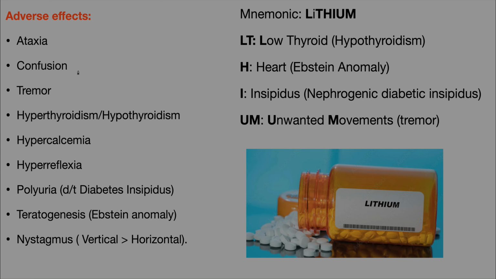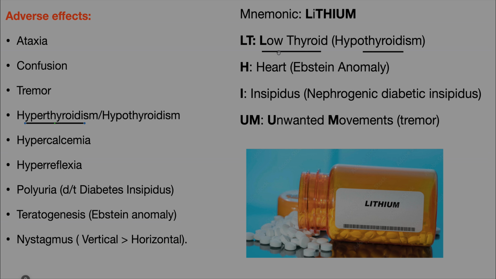Now, in this slide, I have written several side effects of lithium toxicity. However, you can remember the side effects of lithium just by remembering the mnemonic LITHIUM. LT in lithium stands for low thyroid or hypothyroidism.